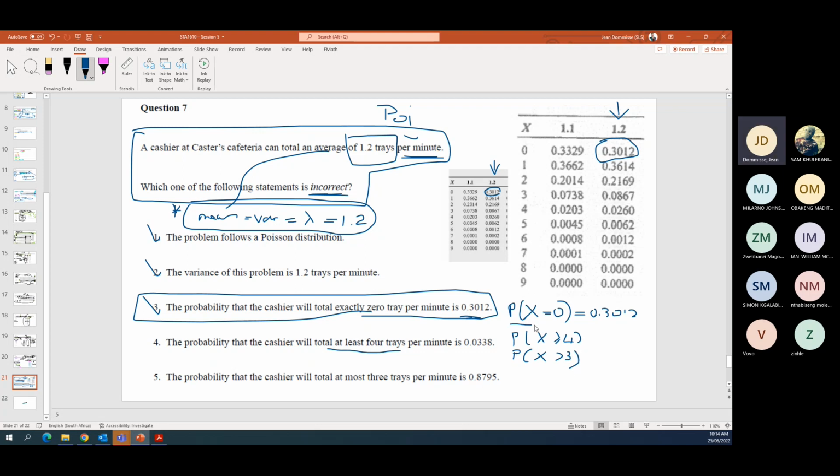So we could have written it as 2 different options: bigger or equal to 4, or just bigger than 3.